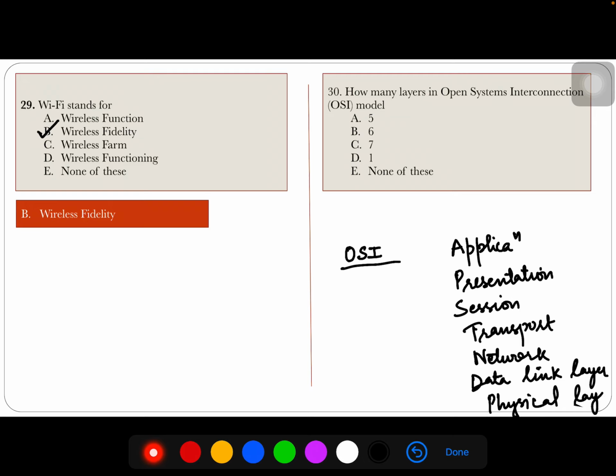Whenever we communicate, the data or the packets move from physical to data link to network, network to transport, transport to session, session to presentation, and finally application. So these are the 7 layers of the OSI model. So the answer is 7.